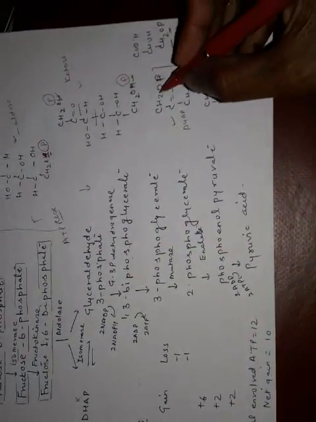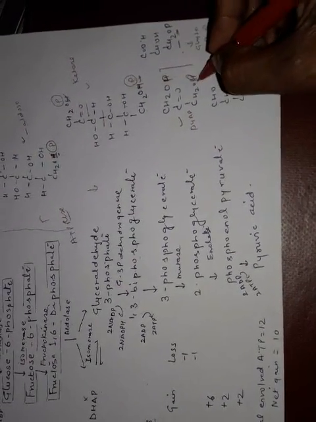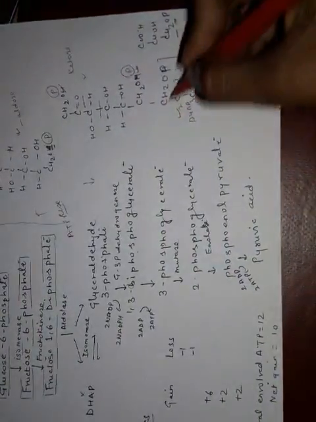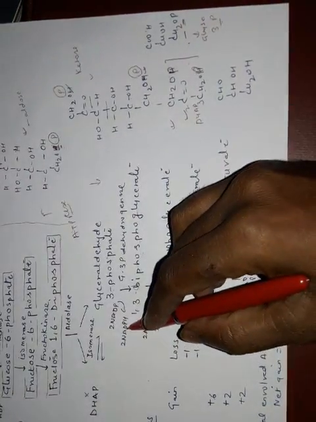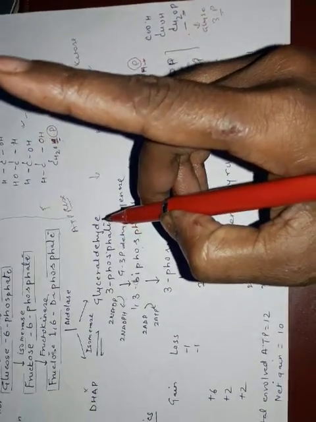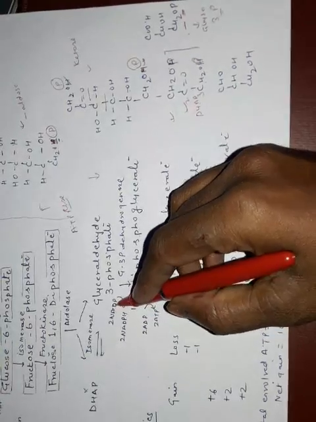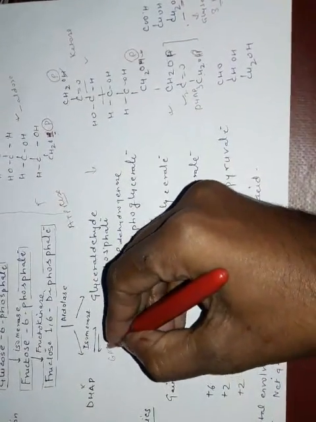Okay, so 1,3-diphosphoglycerate, its structure is this one, and in this process 2 NADH are converted from 2 NAD, and 1 NADH molecule releases 3 ATP molecules. Since here 2 NAD are converted to 2 NADH, that's why 6 ATP formation takes place.